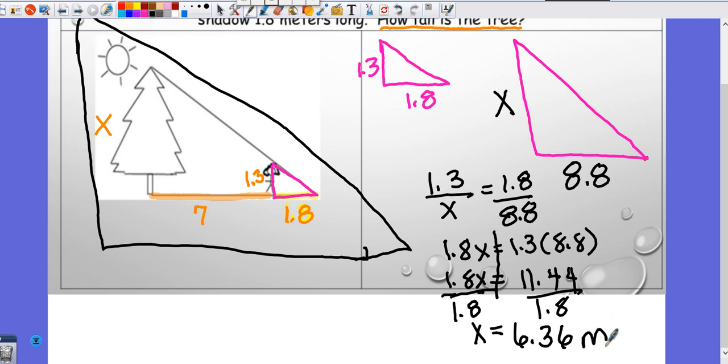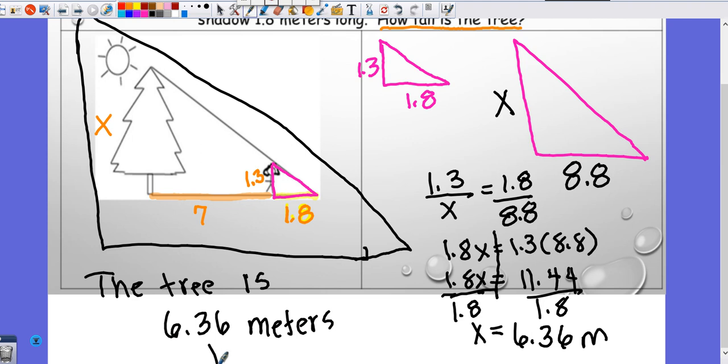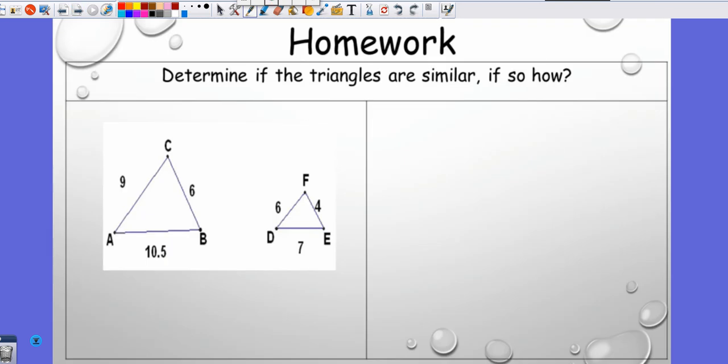And then here, I stick those meters back on there. So we're going to say the tree, in a complete sentence, the tree is 6.36 meters tall. And then you finish.